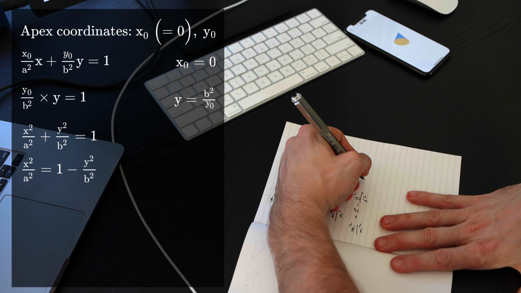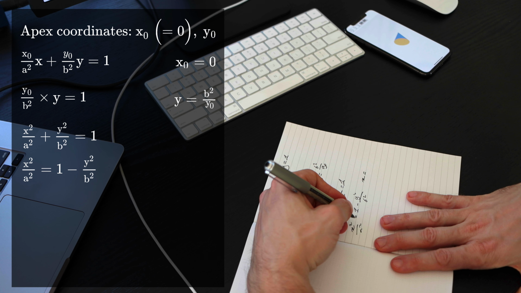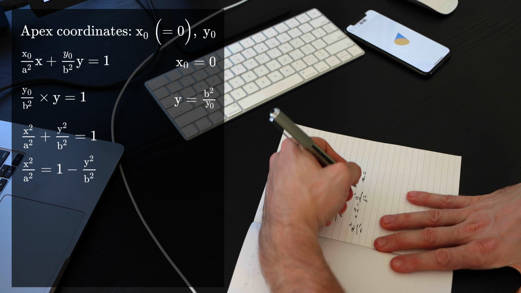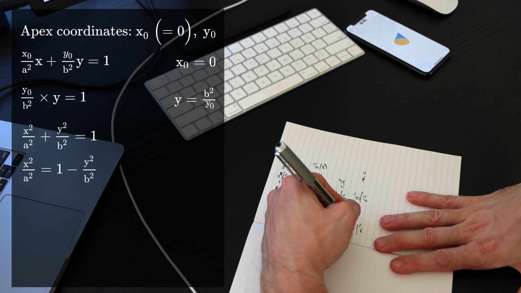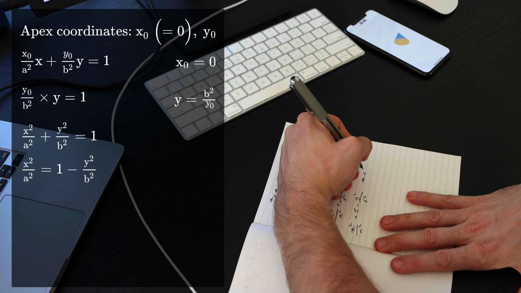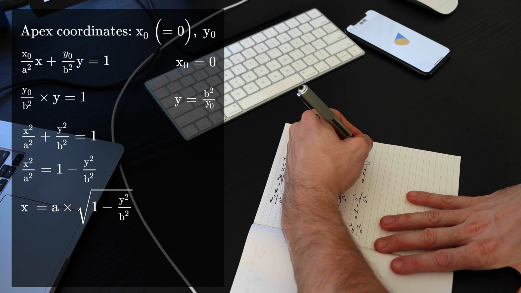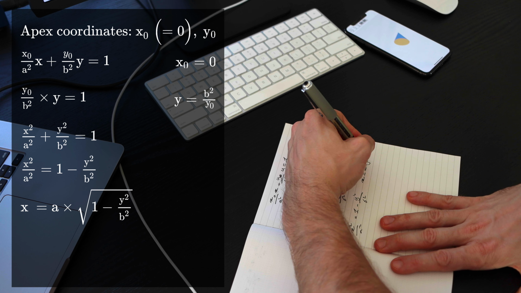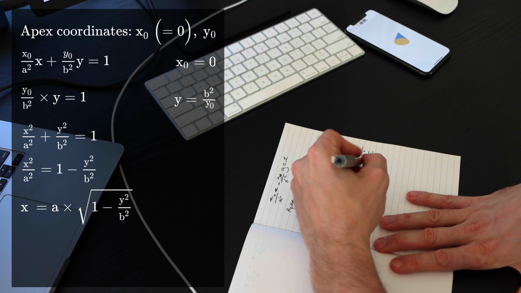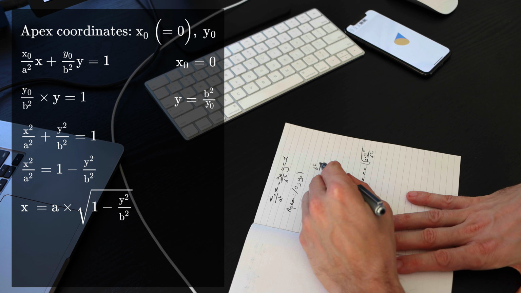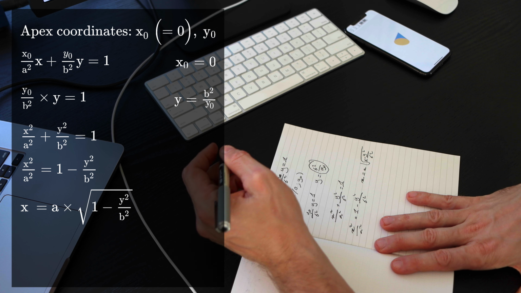And that gives us x equals, so we multiply by a square and take the square root of everything. The square root of a square would be a, and then the square root of 1 minus y square divided by b square, and we can even substitute directly y by this value here.